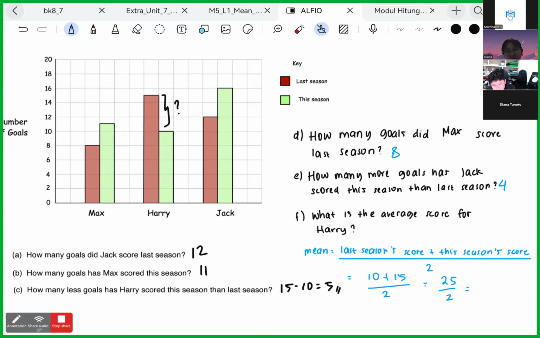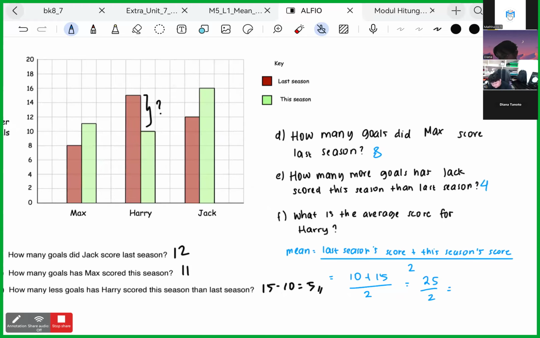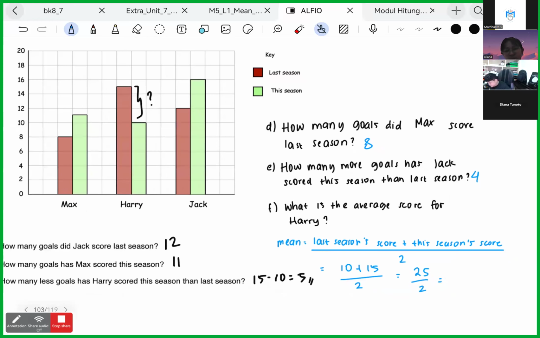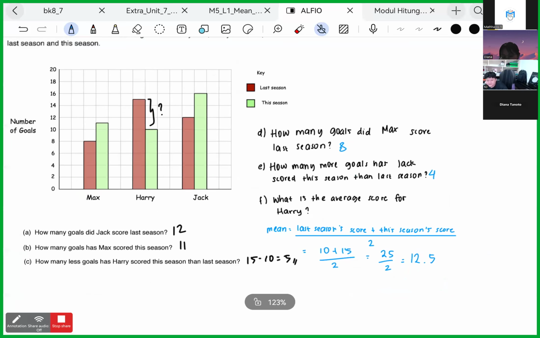Okay, 25 divided by 2. 12.5. Okay, 12.5. So the average score for this season and last season is 12.5. And if it's rounded, it's 13. Yep, that's right.